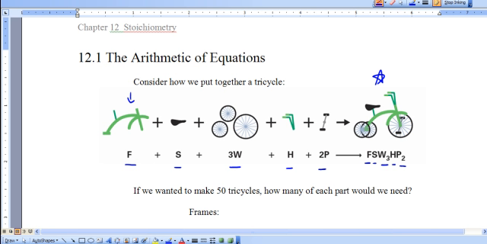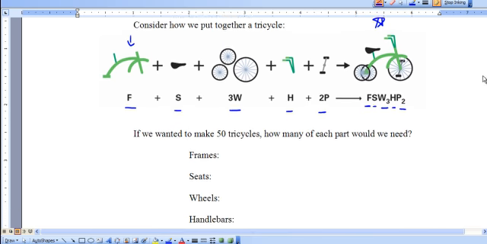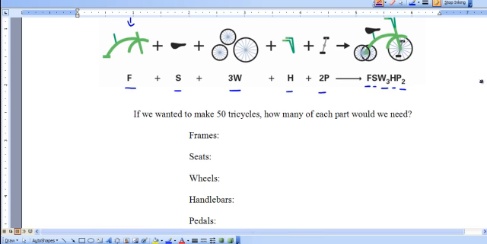And so what you can do is use the ratios of each of these components to determine how much of each piece you need to make a certain amount of tricycles. Here's what we mean. If we wanted to make 50 tricycles, how many of each part would we need? Well, we're going to start out with 50 tricycles, and I'm going to use the abbreviation FSW3HP2.